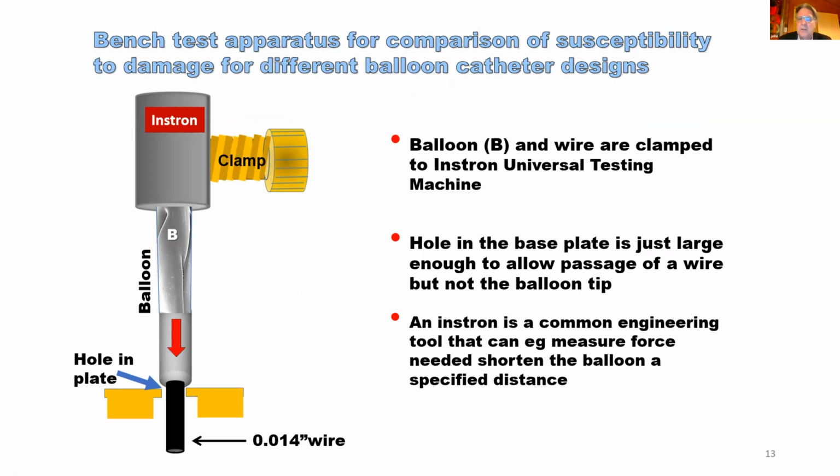An Instron is a common engineering tool that you can use to apply a force and then measure how far it moves, or conversely, you can program it to move a certain distance and measure how much force was used to move it that distance.